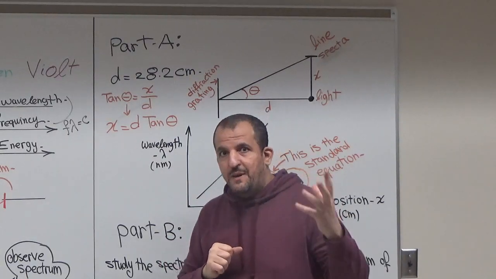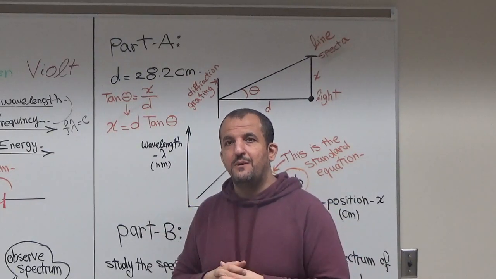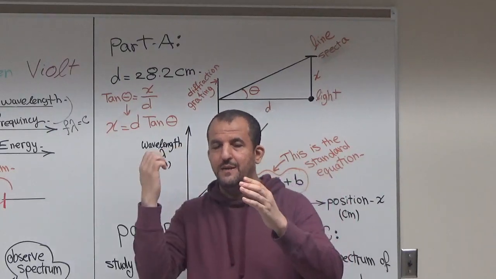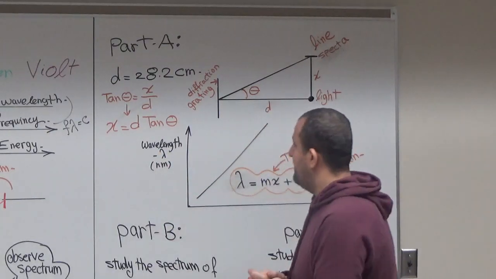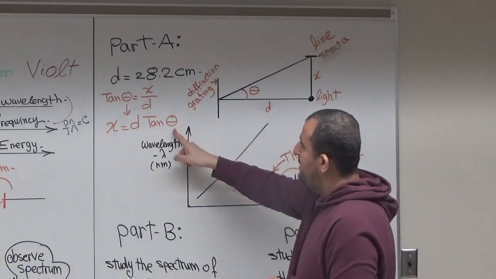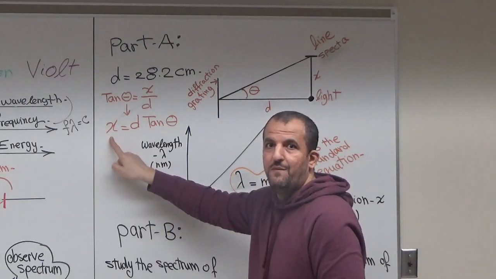The spectrometer has a micrometer that can help you to measure the angle when you rotate the microscope to the right or to the left. Measuring that angle and then figuring out the position of the line.